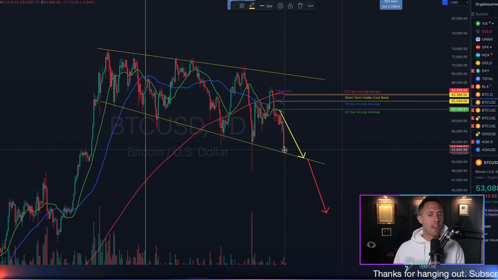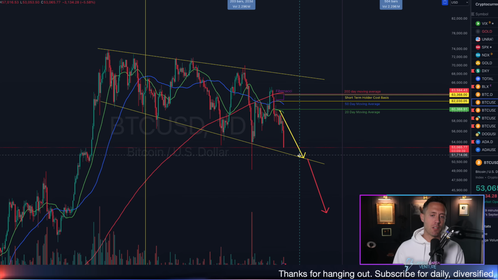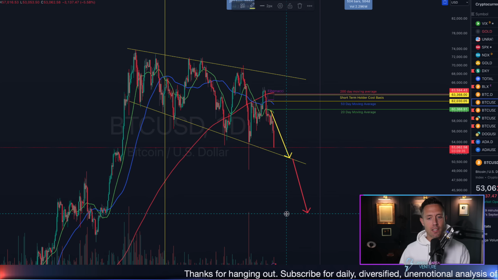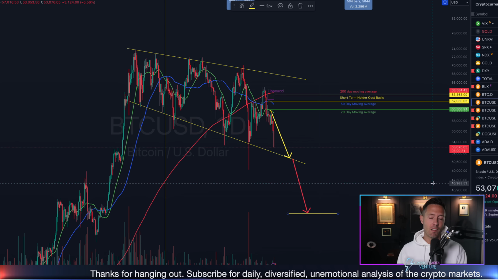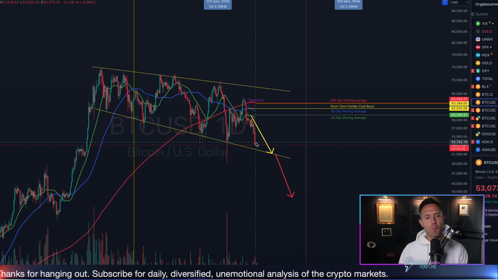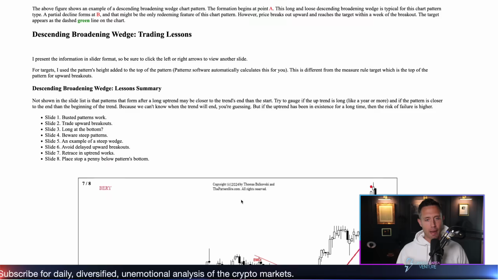So my question is, if we break to the downside, are we pulling back? That's always my first question. And the reason why that's a question is because, yes, we have a target to the downside. We're looking at like the lower 40s. That's in play right now. Unfortunately, it is what it is. But just because we break to the downside doesn't mean that's immediately going to happen. We might get the pullback.